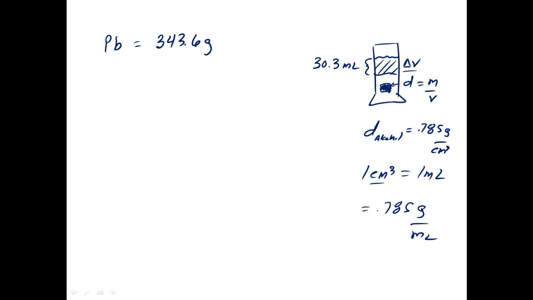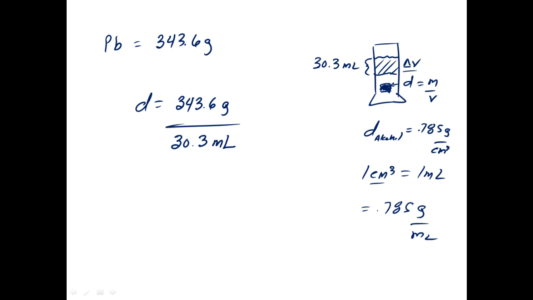So in order to determine density, we have to know the mass of the object, which is 343.6 grams, divided by the volume change of the object, which was 30.3 milliliters. All right.